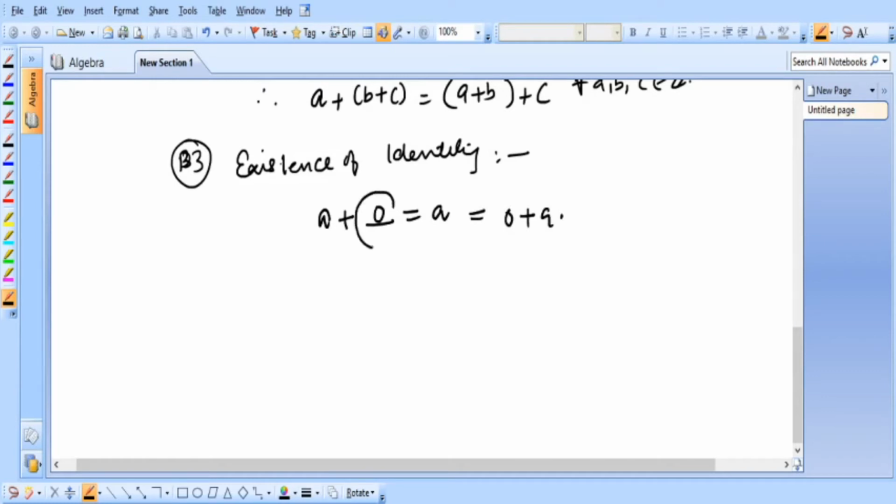And this 0 is an integer, so therefore we can say 0 belonging to Z acts as identity, right, in this case. Okay, so identity is also in Z.